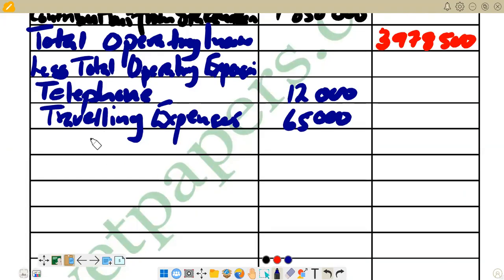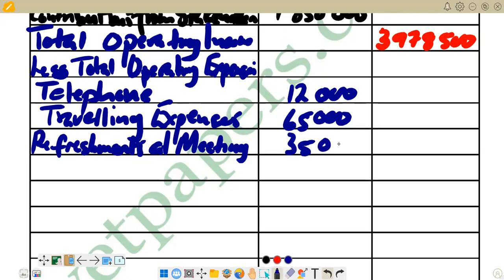Now we have refreshments at meeting, and the figure that we are given there is 35,000. And also we have got stationery. Stationery is 4,500.